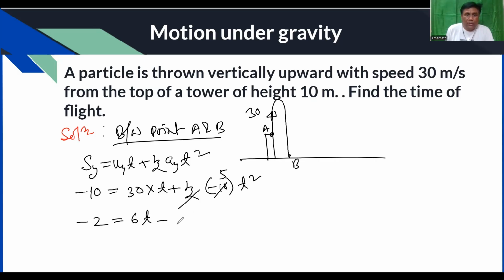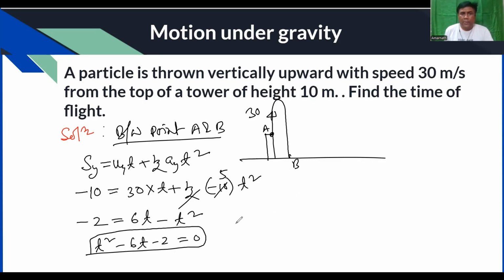T square minus 6T minus 2 equals 0. This is the basic quadratic equation, okay?